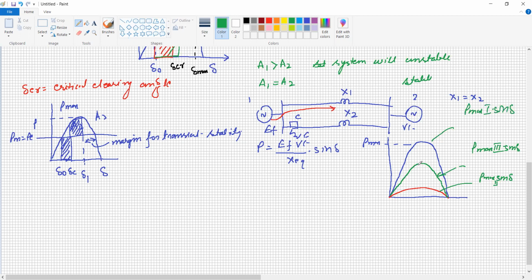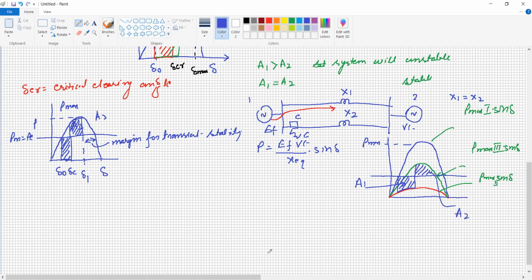So under such condition, the equal area criterion: say initially the system is operating over here. This is the acceleration area during which the system is going to accelerate, and then it is going to decelerate. So this is the A1 area, acceleration area A1, and this is area A2.